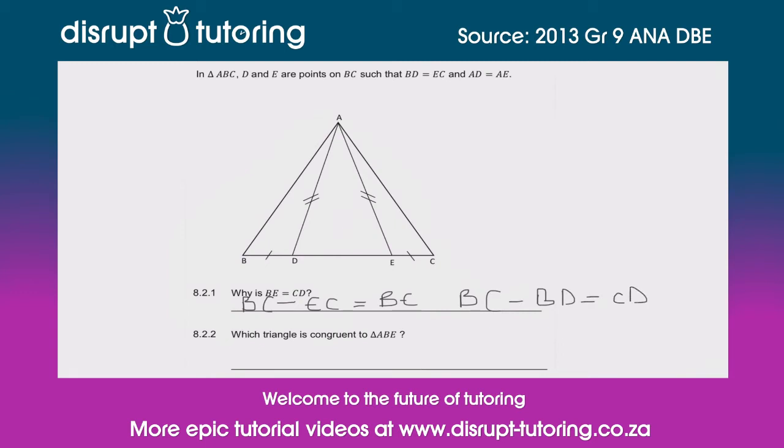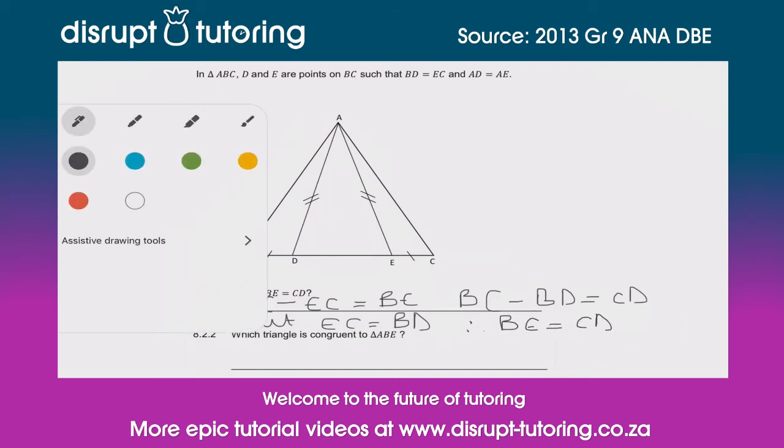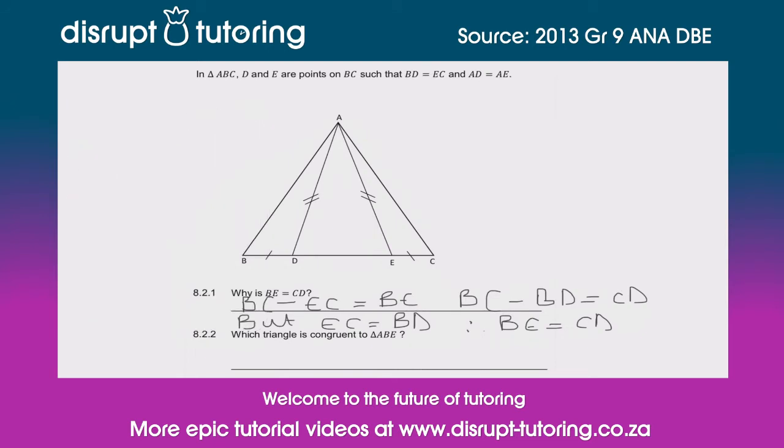But the very important thing is that those are equal to each other. So we can say, but EC is equal to BD. Therefore, BE must equal CD. Right. Moving on to the next question.